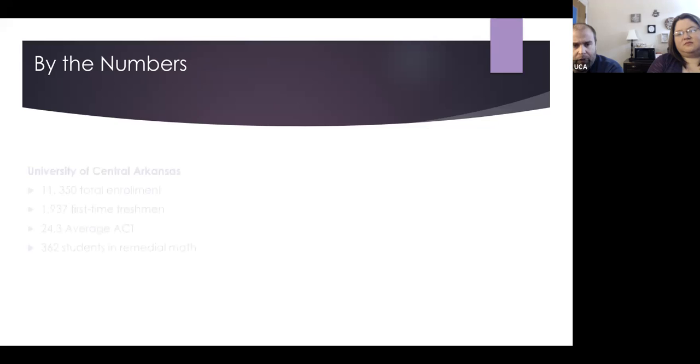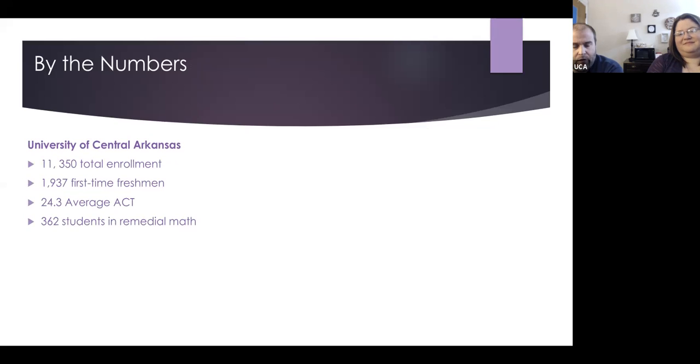So again, a little bit about our university, just so you remember what may be similar and what may be a little bit different. So we have around 13,000 students, or 11,000 students, 2,000 first-time freshmen, 24 ACT, and about 350, 360 that need remedial math.